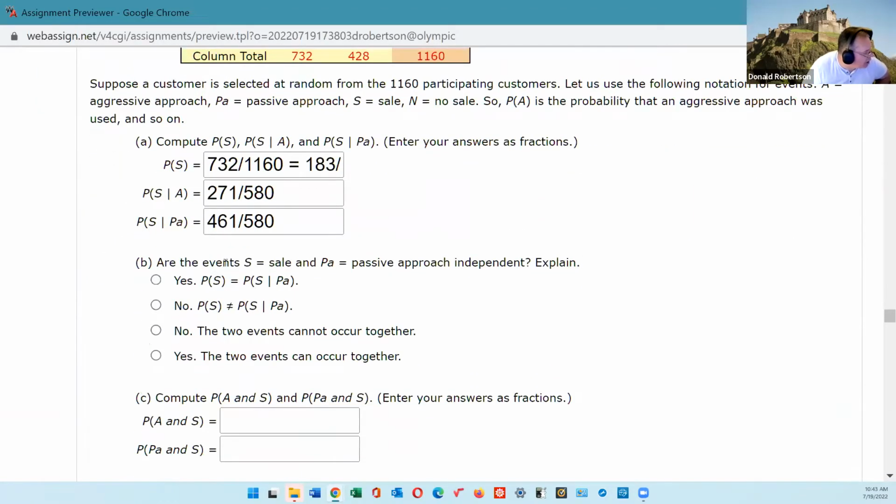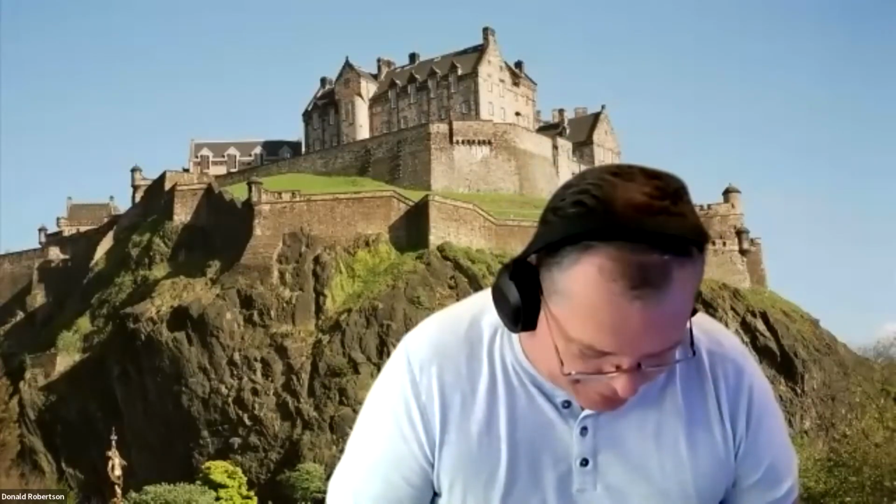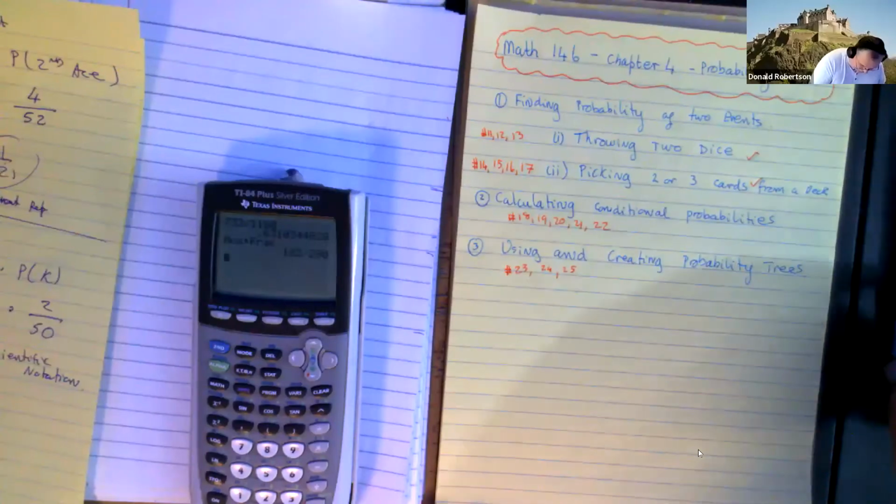Now, it asks: are the events getting a sale and the passive approach independent? I'm going to have to leave this for a second because it involves remembering something. There was a test for independence, and it went something like this.